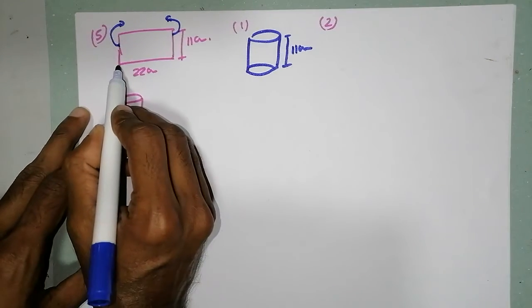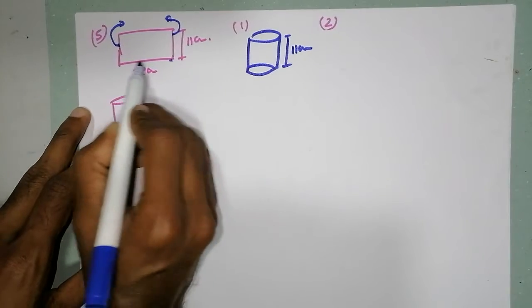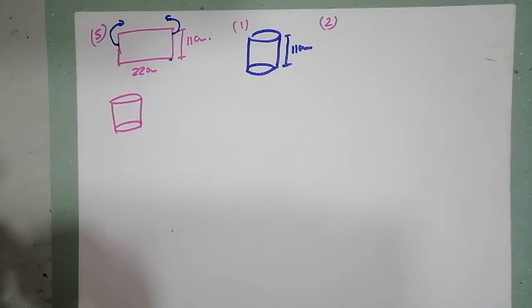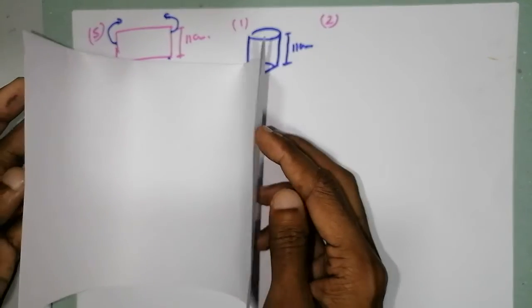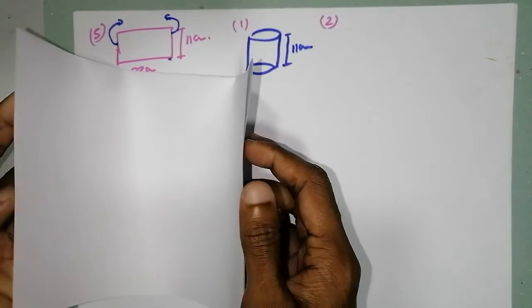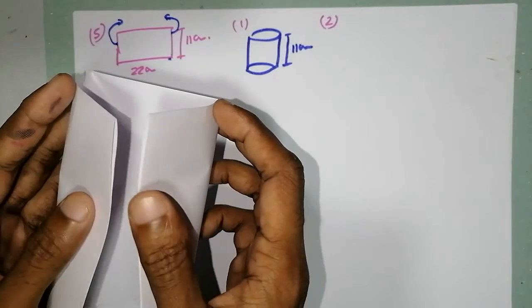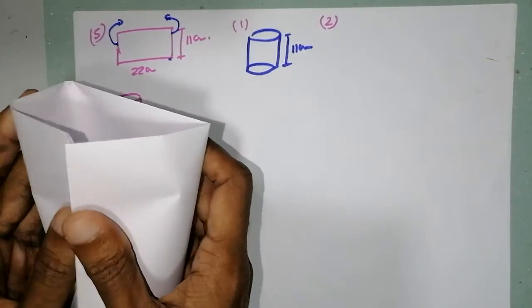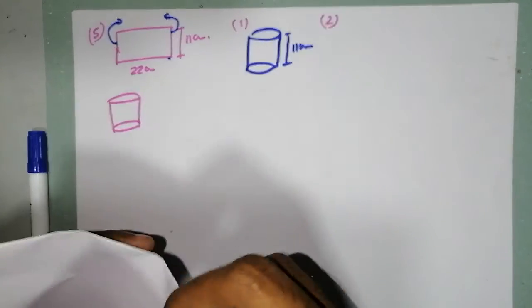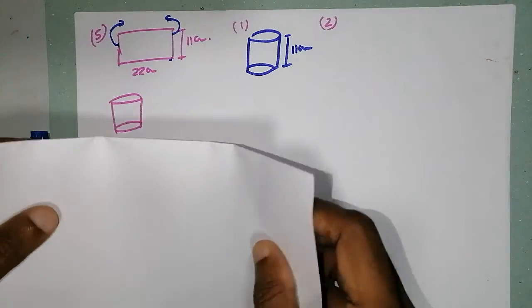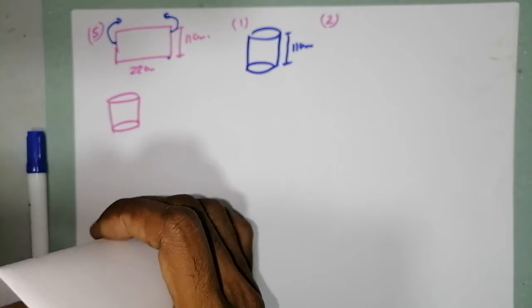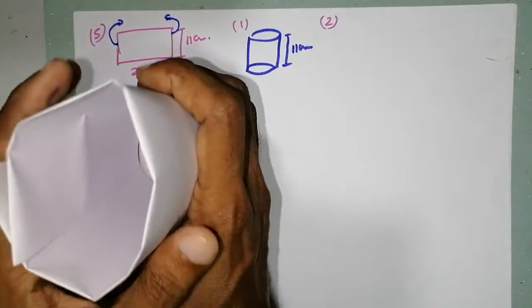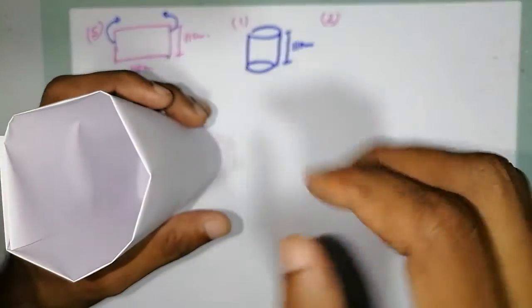What will be this length? If you join the breadth of this rectangle, the length changes its shape into a circle. Is that correct?